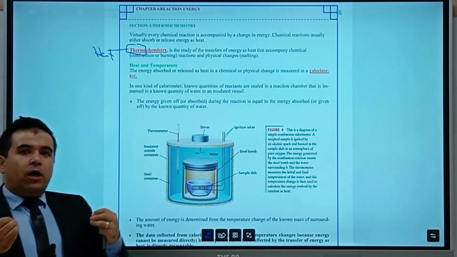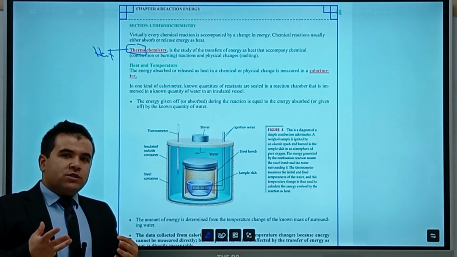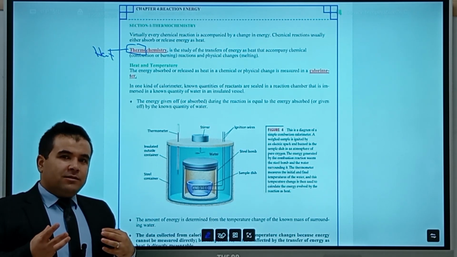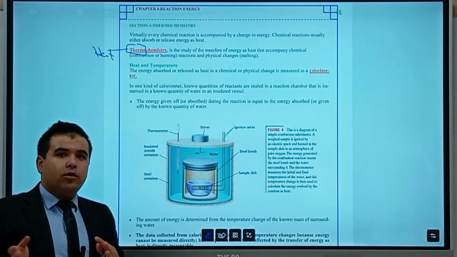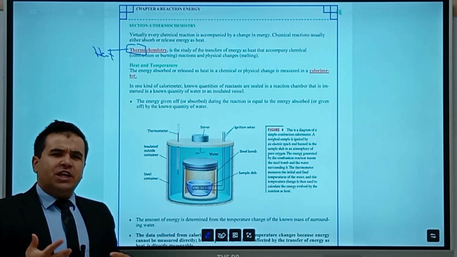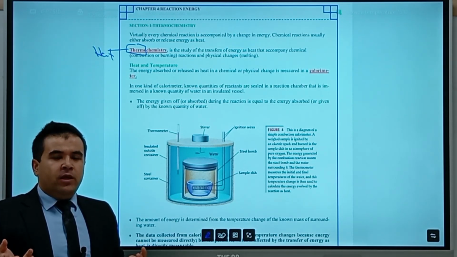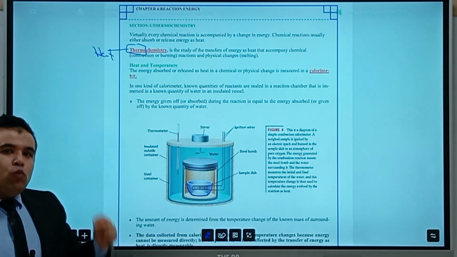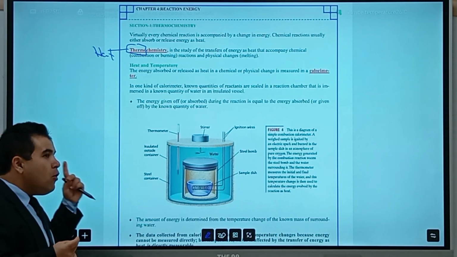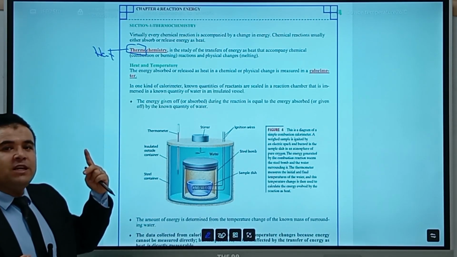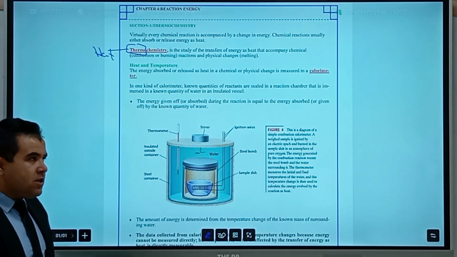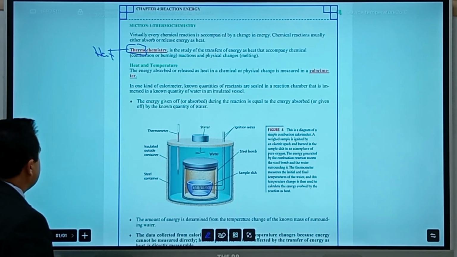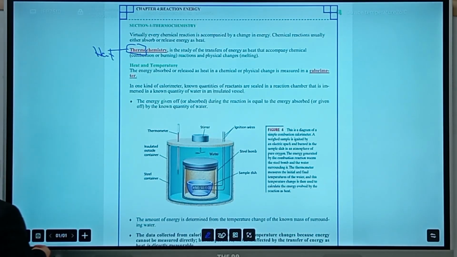So we'll be talking about any processes that will occur, whether it's physical or chemical. There will be changes in heat of the system. That's why we will be talking about thermochemistry for representation of how much heat is absorbed or released through a process, through chemical or physical changes.